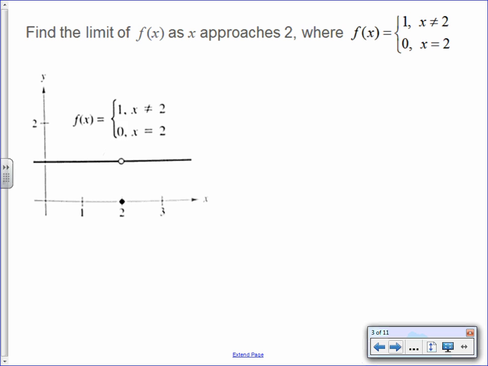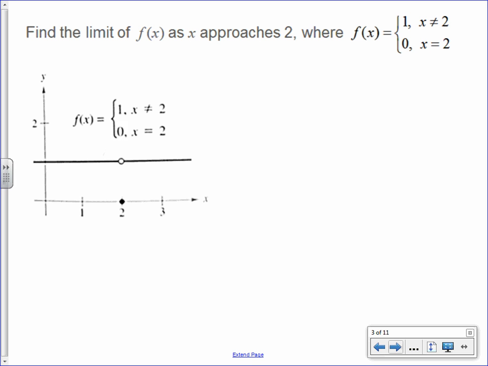Okay, go ahead and write down this function. This is what we call a piecewise function, correct? Our function is 1 when x isn't 2, and it is 0 when x is 2. What does that mean? What is f of x equals 1?